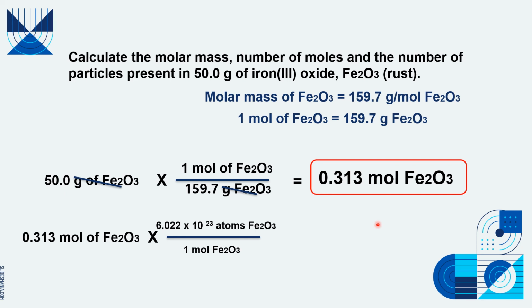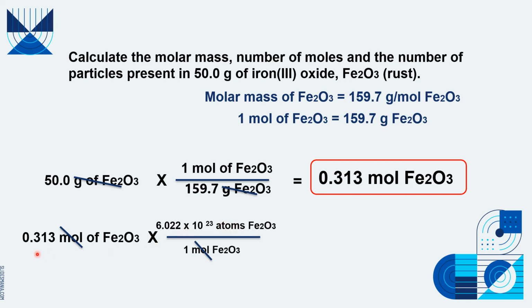Okay, so what we're going to do is just multiply. Multiply then divide sa 1. So, okay na kung hindi na i-divide sa 1. So just multiply 0.313 times 6.022 times 10 raised to 23 atoms. The answer is, just cancel first the unit at mole. Ang matitira ay atoms or particles.